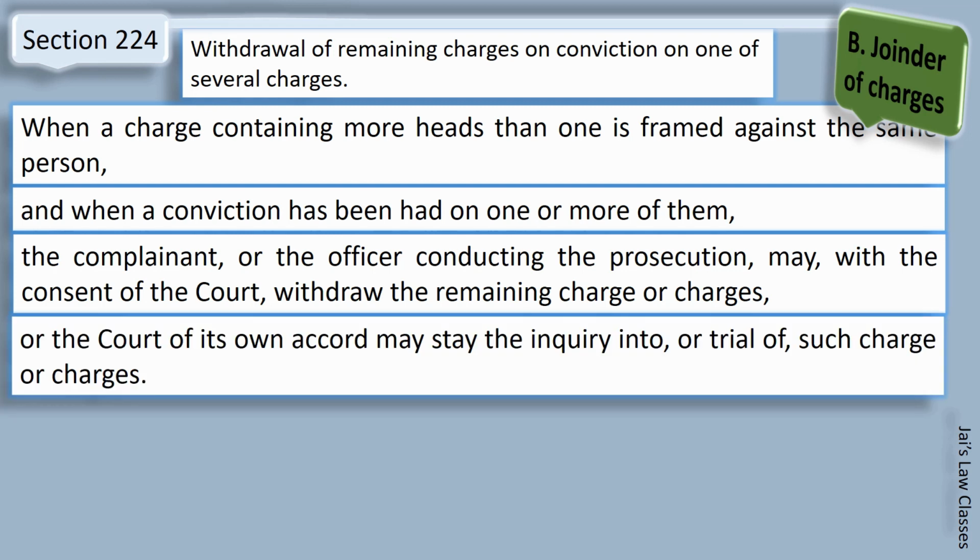If the complainant or the officer conducting the prosecution, which is the public prosecutor, does not proceed to ask to withdraw the charges, then the court of its own accord may stay the inquiry into or trial of such charge or charges, which means the court on its own motion as well can stop the inquiry and the trial because the offense has not been proved for such charges which were framed with all the other charges.